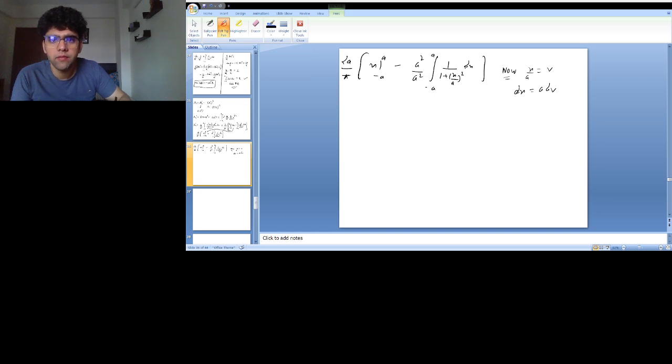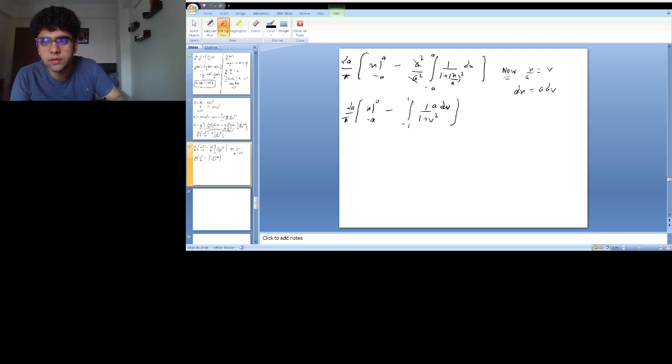Replacing dx with a dv, a comes out common, so this gives me ultimately 2a upon pi, x from minus a to a, minus a square, and a square gets cancelled. This gives me 1 plus v square, dv, a dv, right? So replacing dx with a dv, the limits are minus 1 to 1.